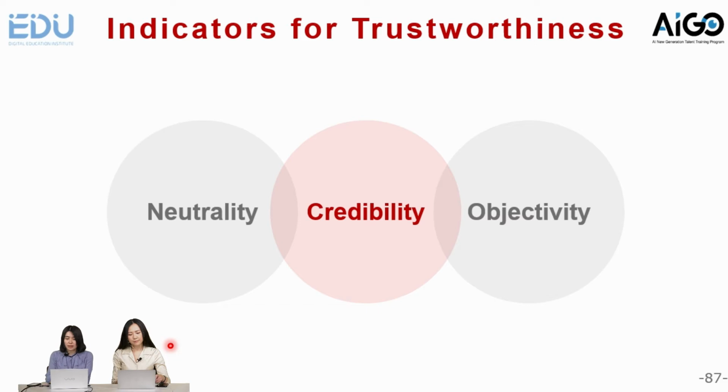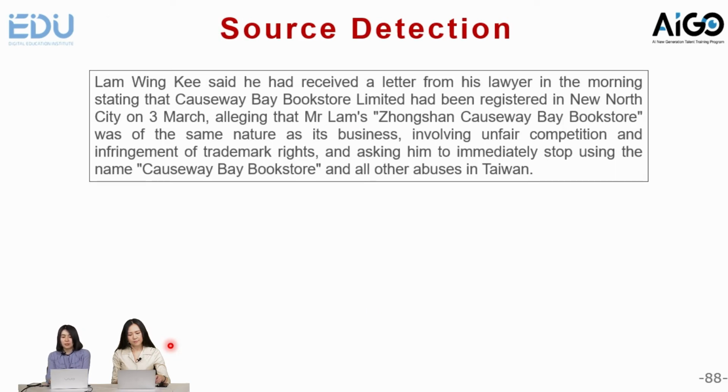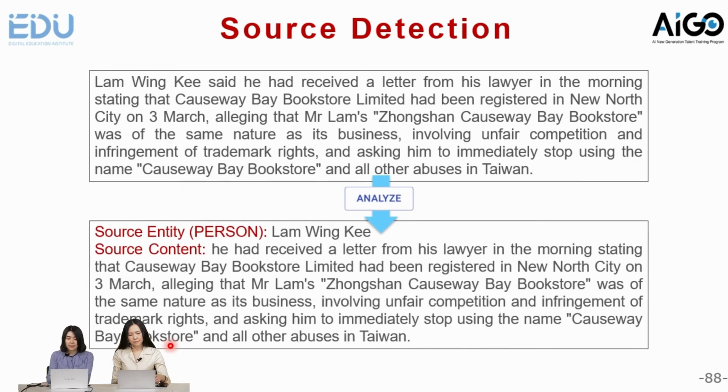And the second one is about credibility. Credibility means if you have this news, you definitely need to have the source information. You cannot directly say something without the source. So based on this news article, we can analyze it by detecting the source entity, because the source entity is a person, and the source content is the information this person said.